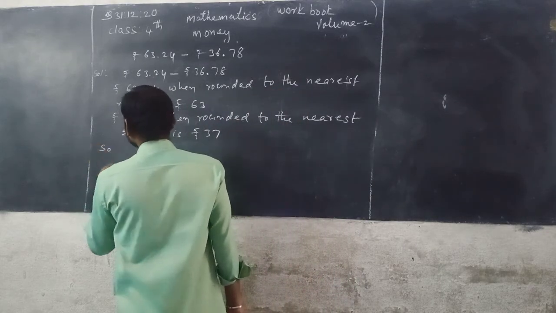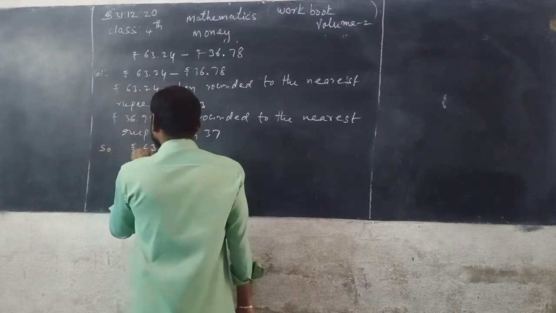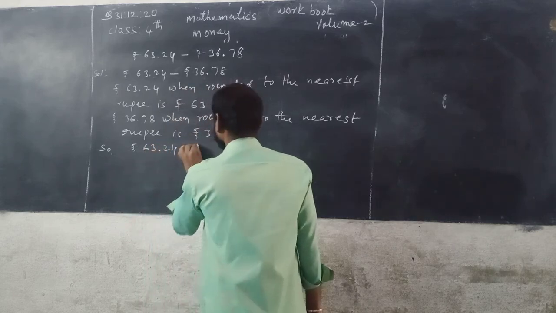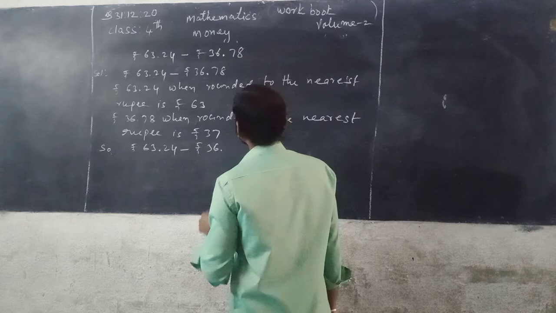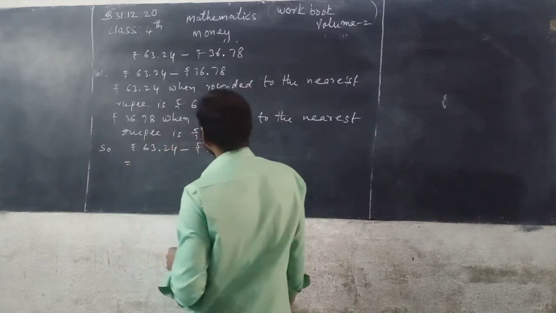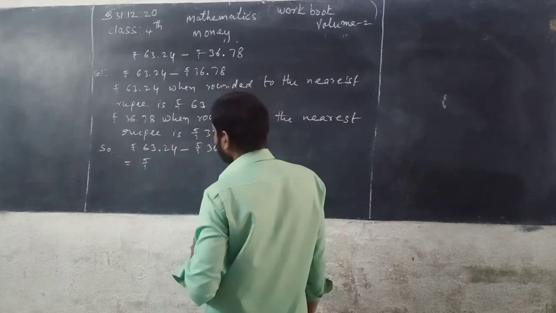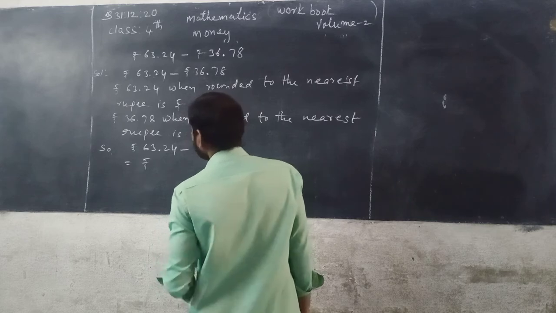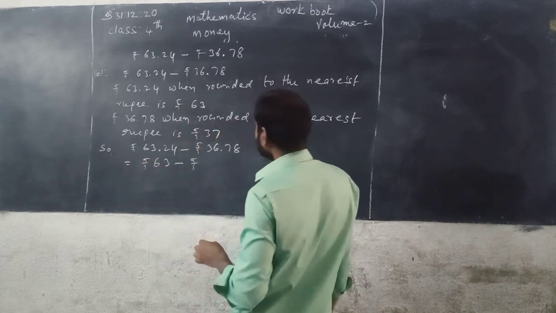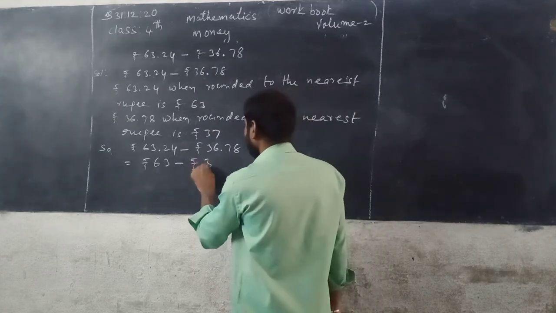So 63 rupees 24 paise minus 36 rupees 78 paise: 63 rupees 24 paise rounded to the nearest rupee is 63 rupees, minus 36 rupees 78 paise rounded to the nearest rupee is 37 rupees.